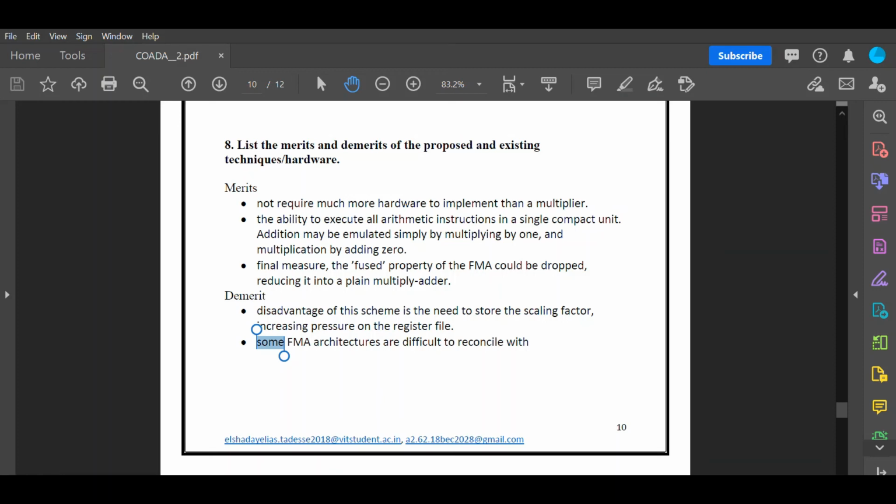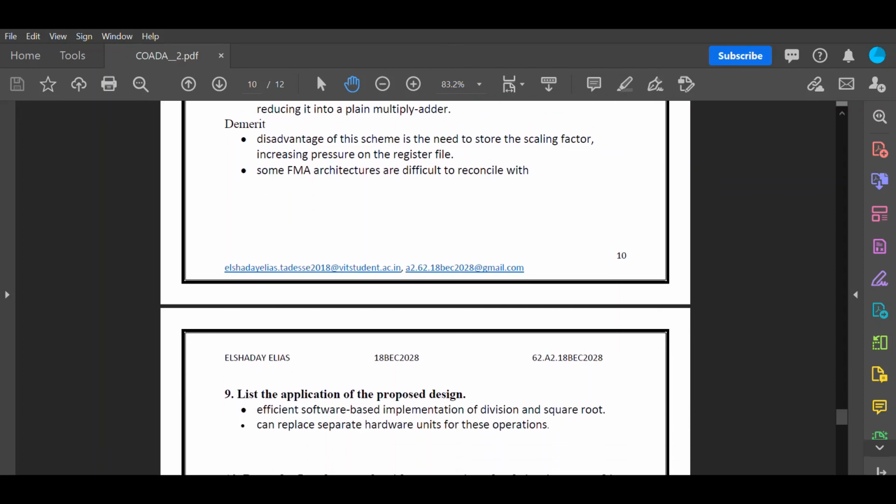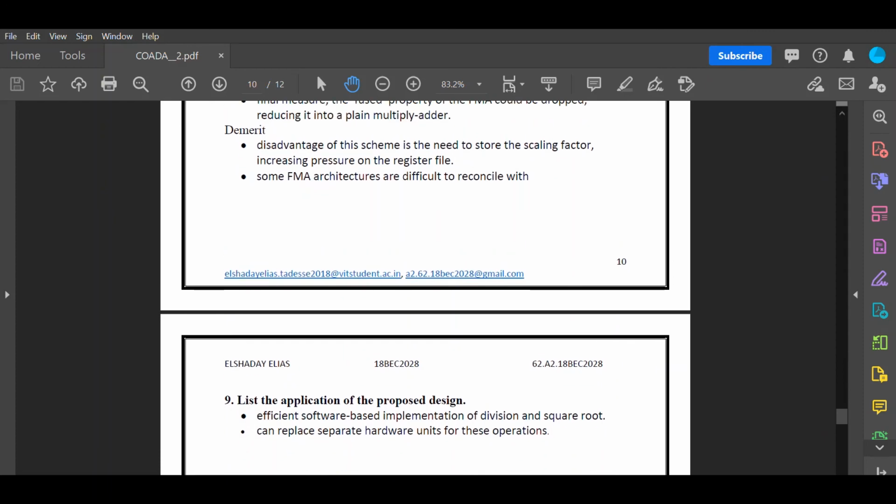And as a final measure, the fused property of the FMA could be dropped, which reduces it to a plain multiply adder. Coming to the demerits, the main disadvantage of this scheme is the need to store the scaling factor, increasing pressure on the register file, and some FMA architectures are difficult to reconcile with. So these are the demerits.